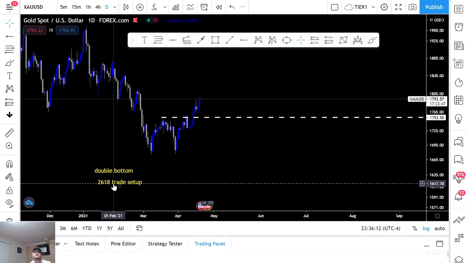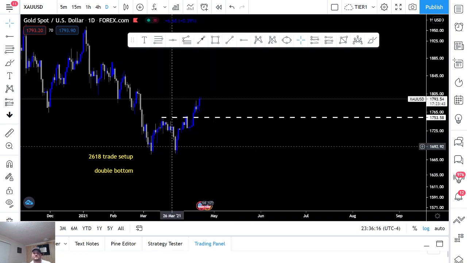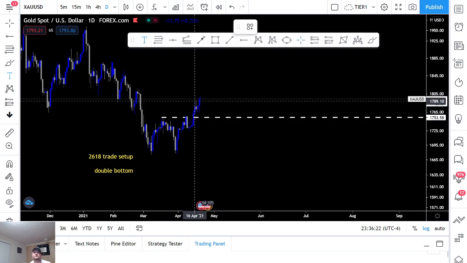Alright, for the 2618 trade setup, you would need a double bottom. You would need a higher high, higher close candle. Right here.